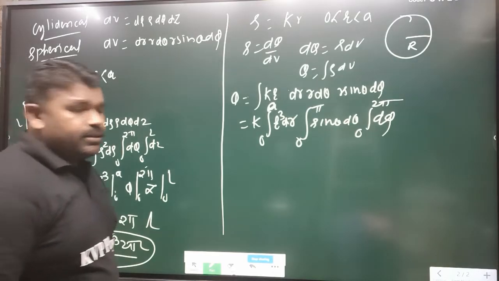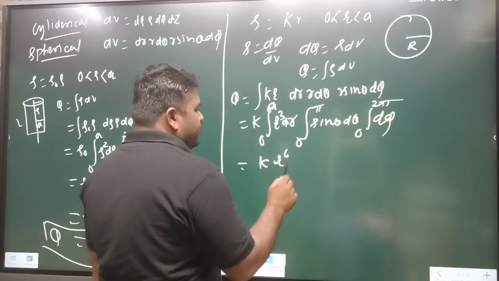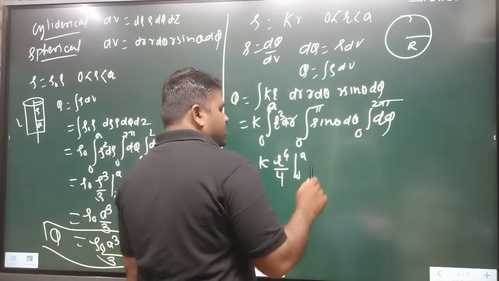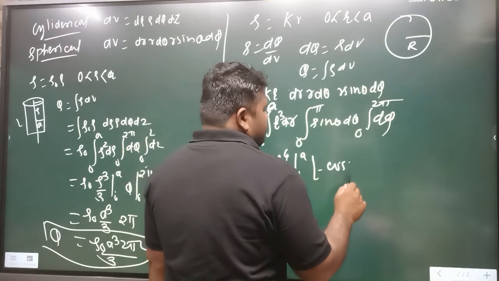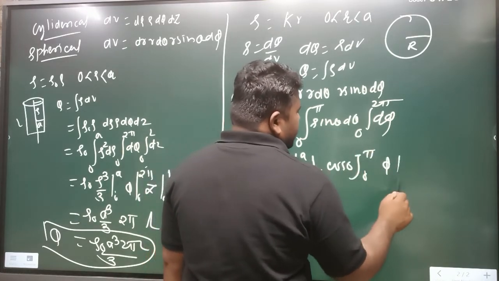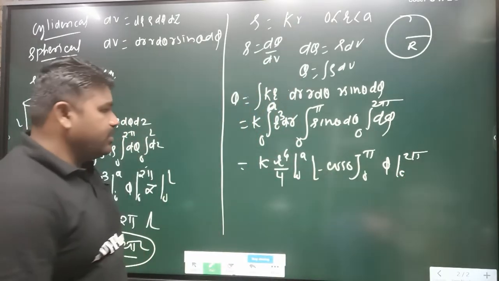R cube integration gives r to the power 4 upon 4, limit 0 to a. Next, sin theta integration gives minus cos theta, limit 0 to pi, and d phi integration gives phi, limit 0 to 2 pi. Got it?